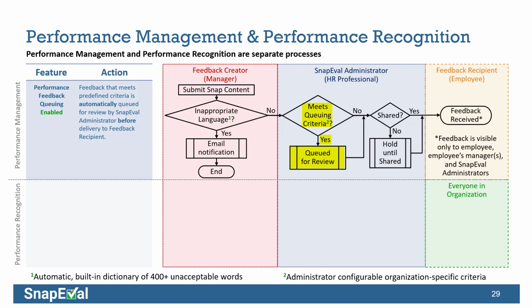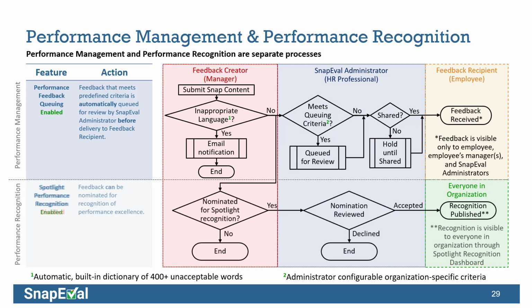Sometimes snaps are created that have the lowest level of achievement, and that's absolutely legitimate and justified for the recipient based on their performance. So all it means is when something is queued for review, it means it's a snap that the organization administrator, again, your human resource professional, probably wants to be aware of before that snap gets shared with the employee.